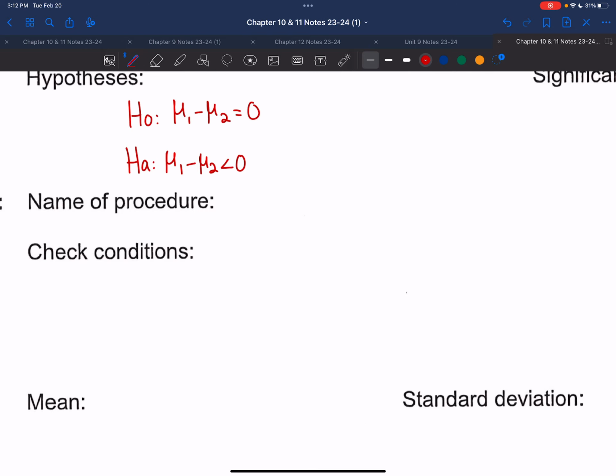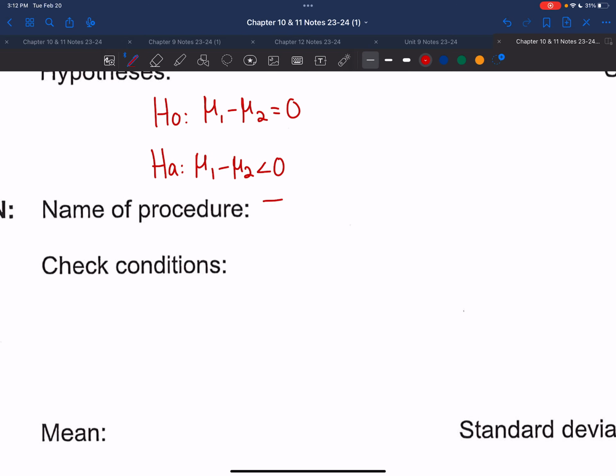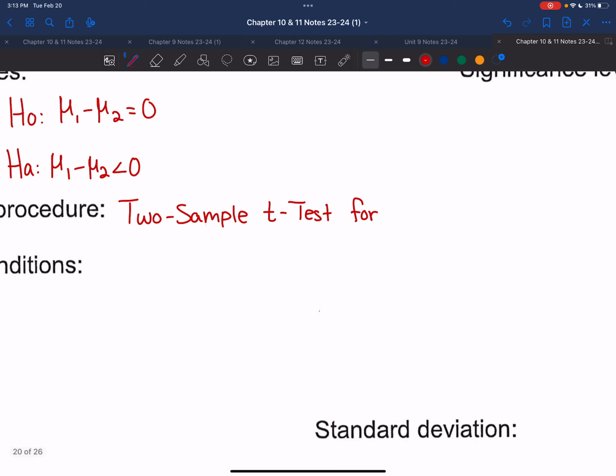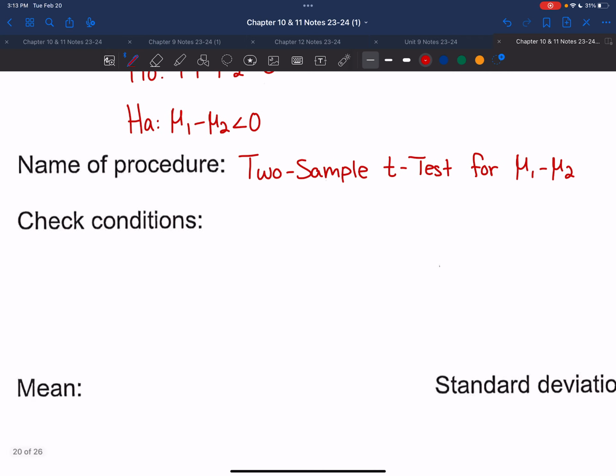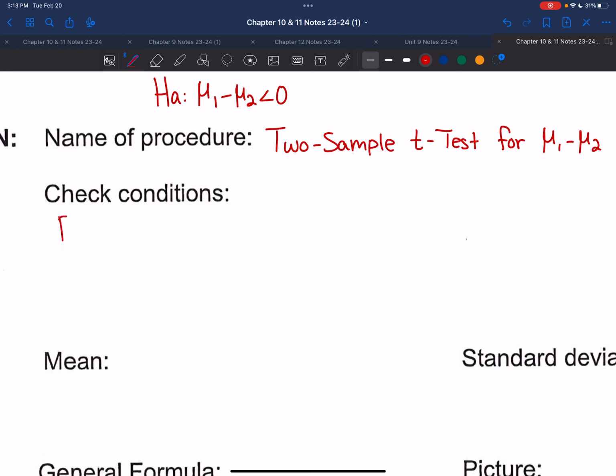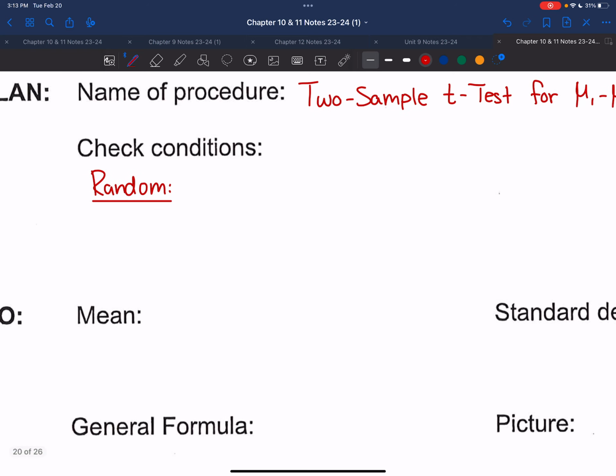All right, now, name of the procedure. I have 2 samples, so it's going to be a 2 sample t-test for mu sub 1 minus mu sub 2. Now, conditions. Okay, so random. It told us that they were random samples of 30 and 40, and they have to be independent because you can't be a location that does and does not have calories listed.